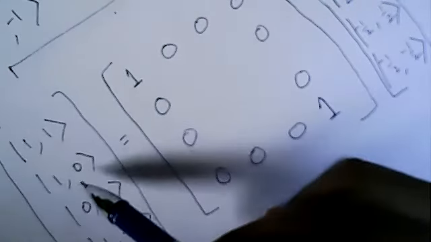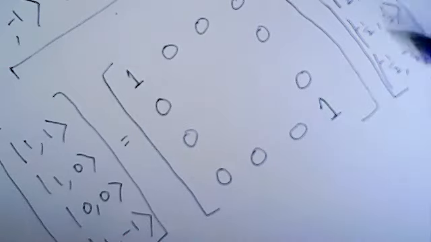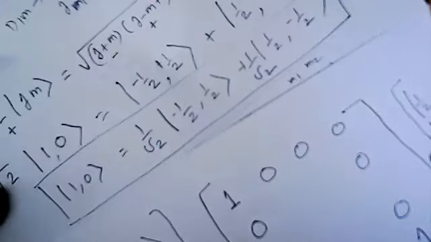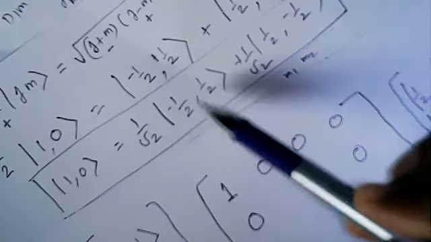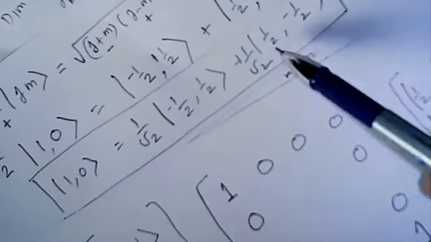What is the connection between the 1,0 state and these two states? We have connected it: 1 by root 2 into this one plus 1 by root 2 into this one.